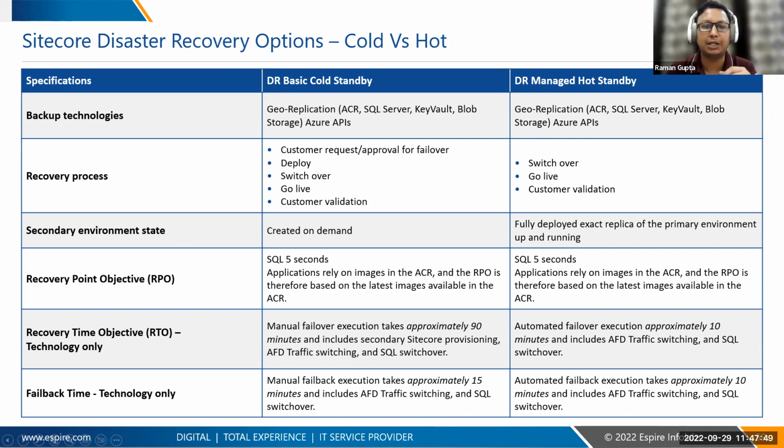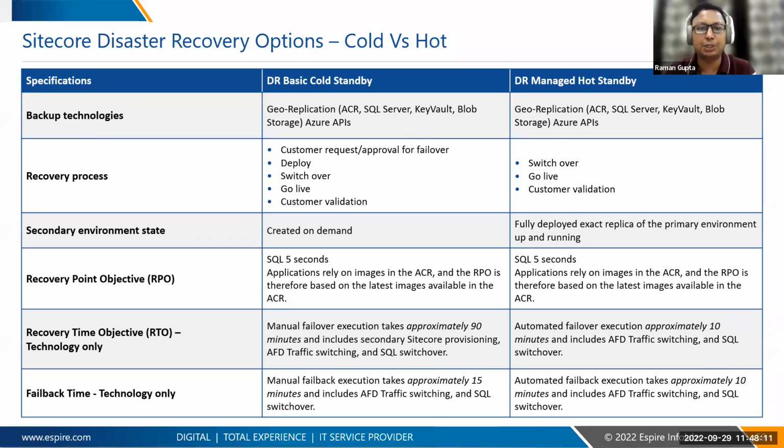The same goes for DR managed hot standby. It is a managed service, meaning it acts automatically, and hot standby means it provides a full replica. The failback and failover process starts automatically and provisions an entire replica of the primary site. This provides the shortest RTO interval.